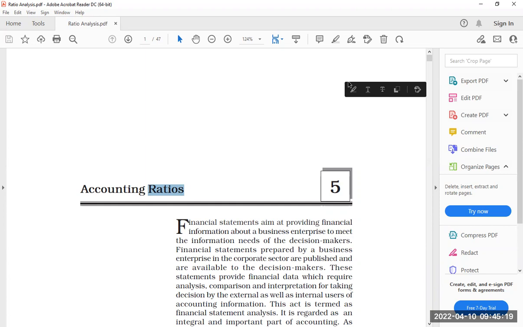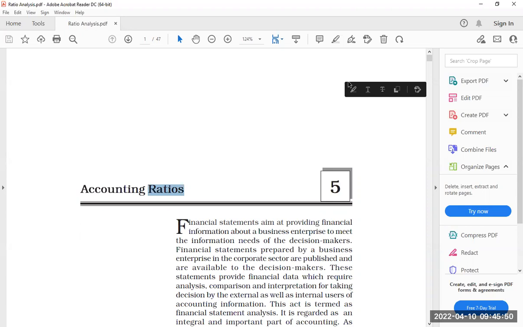Why do we do financial statement analysis? First of all, what is financial statement analysis? Analyzing the data that are there in the financial statements. What are the financial statements? Two statements: profit and loss account and balance sheet. Of course, they are available on the website of each and every company. We already studied how to prepare such statements.